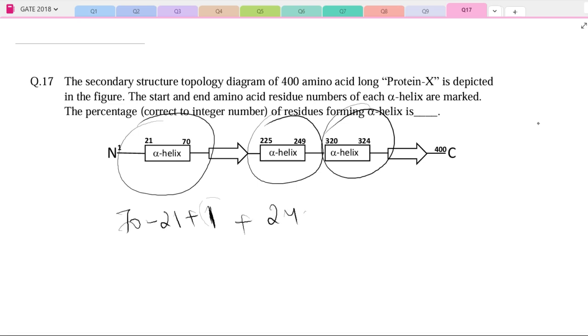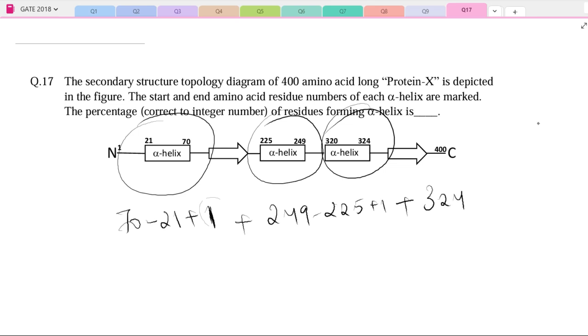Plus 249 minus 225 plus 1, so this is basically the numbering of the amino acids along the entire protein. If you want to know the number of amino acid residues, you need to do the subtraction along with plus 1, because the first amino acid in the alpha helix is also involved in the alpha helix formation.